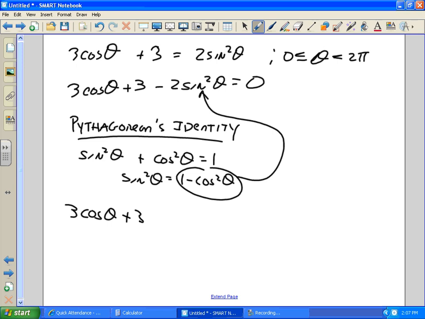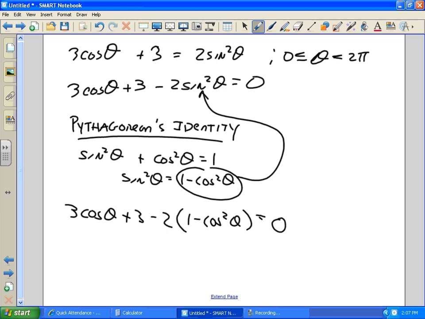So I need to now multiply this binomial by negative 2 because this is 2 terms. How do we multiply binomials? Parentheses, very good. Very good, people. So that's minus 2 times 1 minus cosine squared of theta is equal to 0. Are you good?